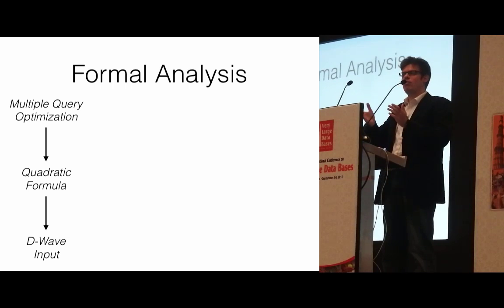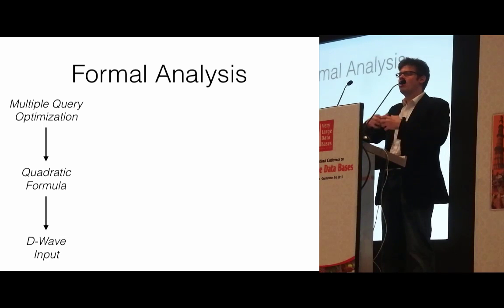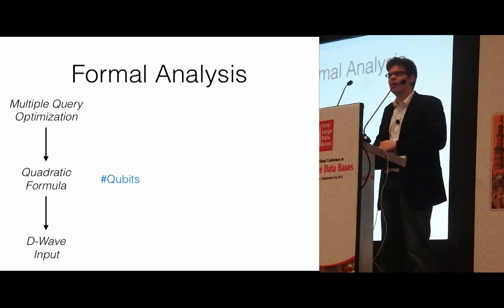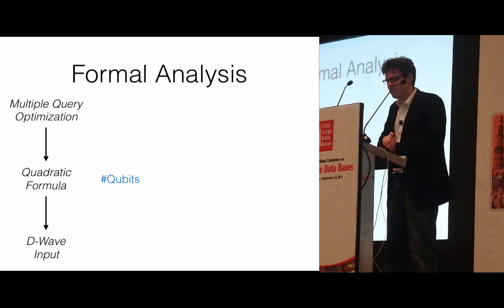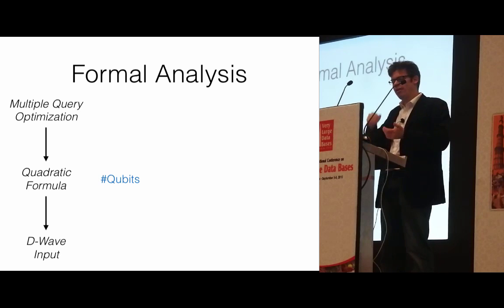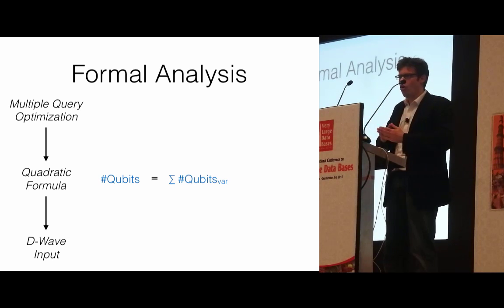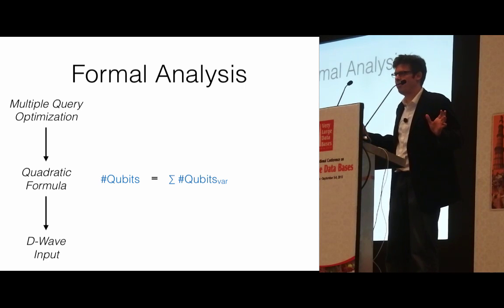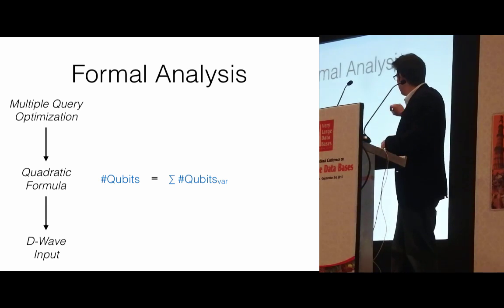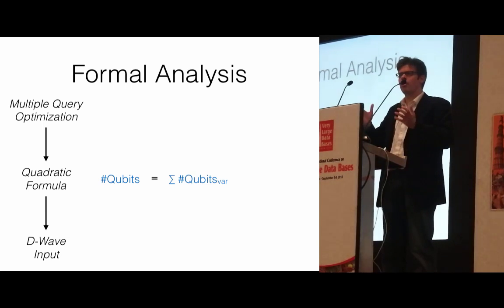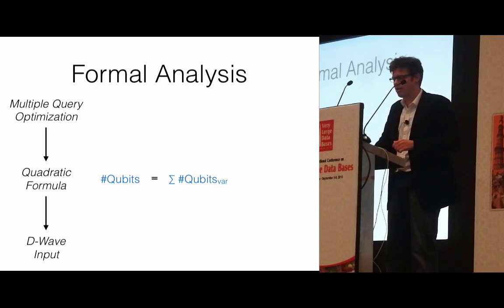And in particular, we're interested in how many qubits we require in the transformation, because the number of qubits is still very limited. And the number of qubits equals the sum of the number of qubits required to represent each single problem variable. And in the following, I'm going to show that we can also bound the number of qubits required to represent a single variable.